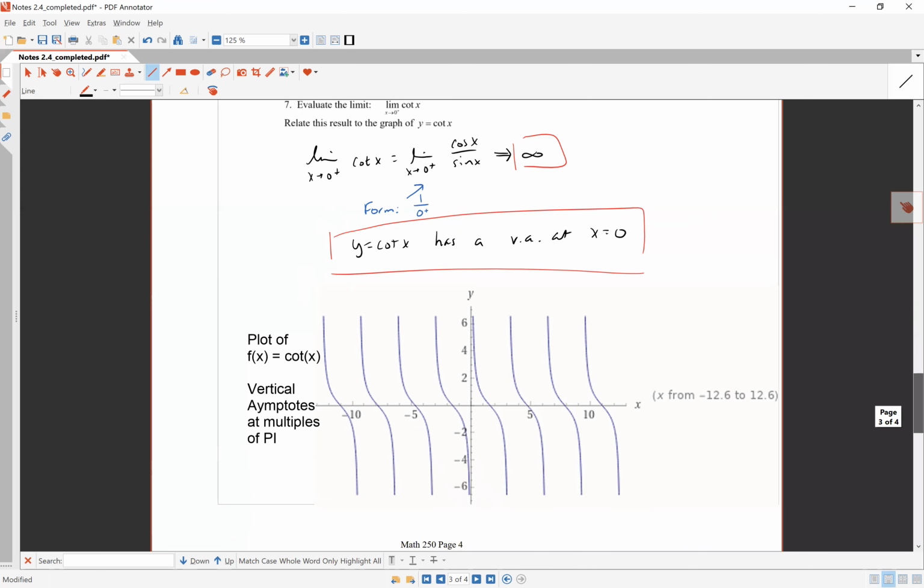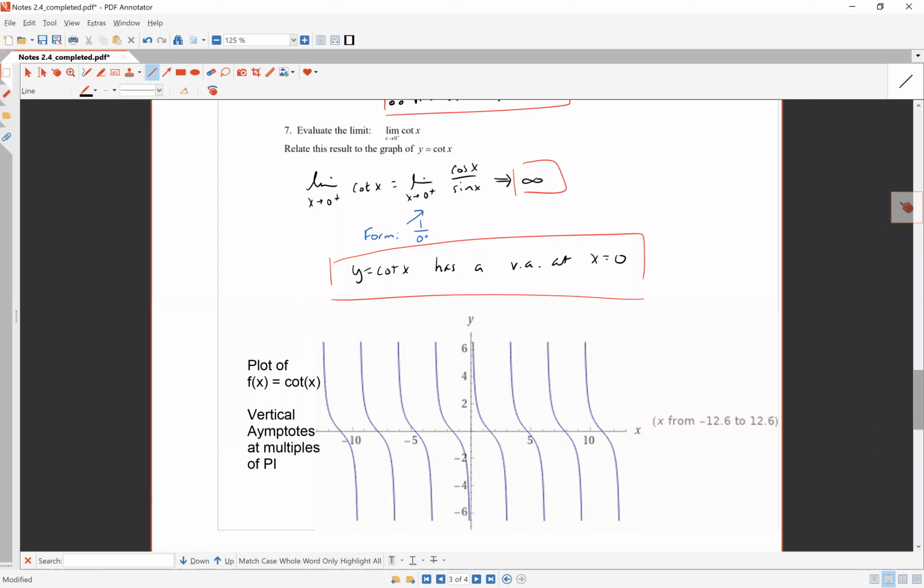So I graphed it for you. As x goes to 0 from the right, the cosine function is positive and the sine function is positive.